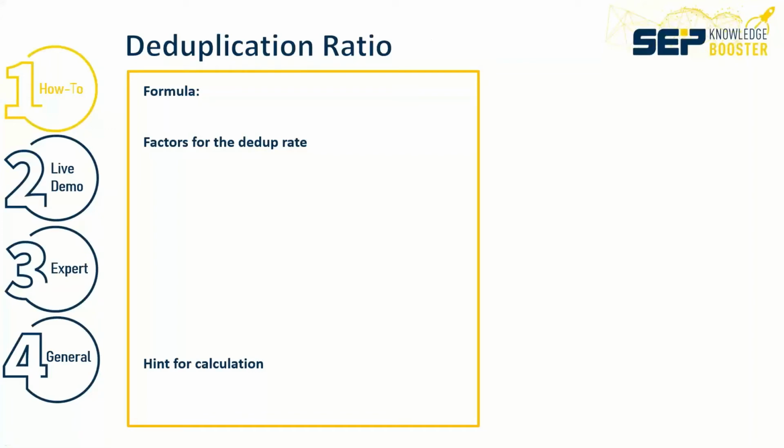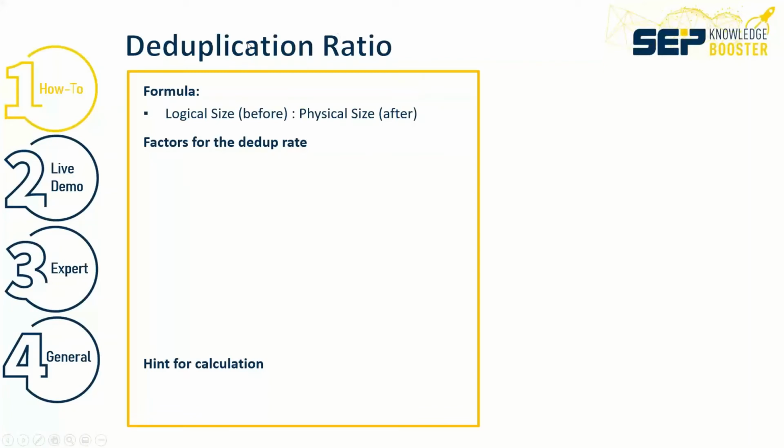Very often, this is a figure to find out if the deduplication is working very efficiently. But when is the deduplication ratio very good? When is it very efficient at deduplicating?